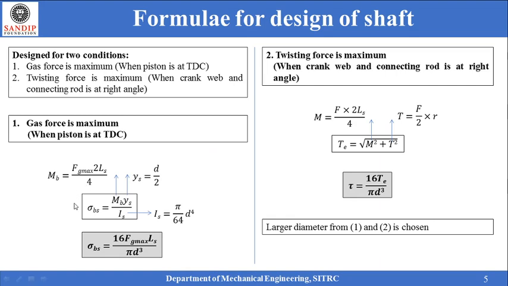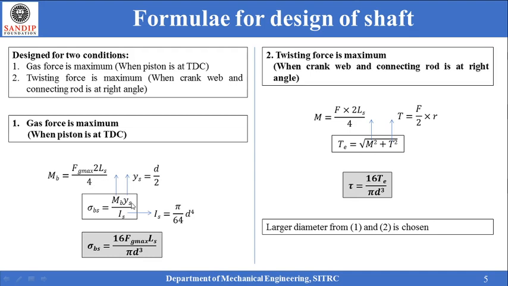This situation is similar to a simply supported beam subjected to point load at the center, which is Fg max in this case. Again, bending stress in the shaft is given by the flexural formula My by I. The maximum bending moment is force into distance between two reactions divided by 4. That is Fg max into Ls upon 4.